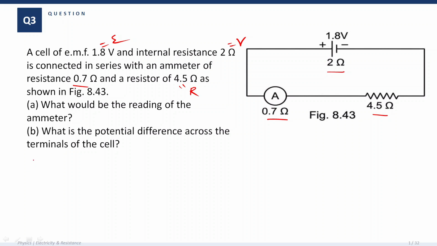Then R equivalent equal to 2 for internal, 4.5 for external, 0.7 for ammeter resistance.